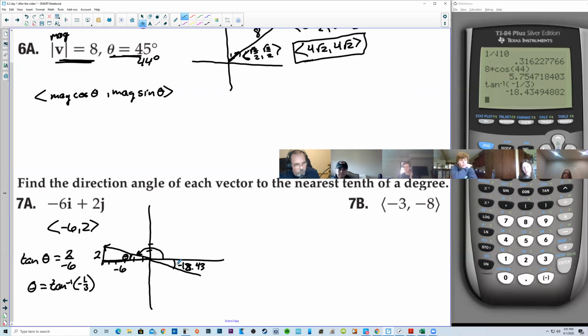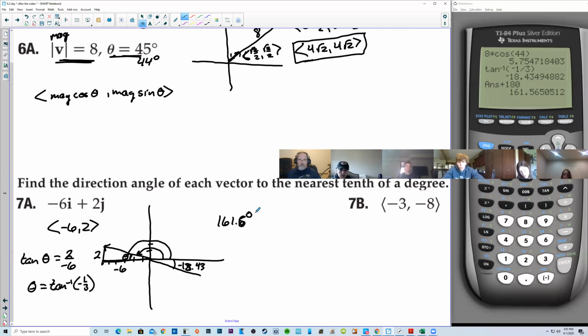So it thinks that it's over there. The principal quadrant is not quadrant 2. It's 1 and 4 for tangent. So we have to add 180 to this. So the angle that we're looking for is this obtuse angle, which is 161.5, to the tenth of a degree rounded, 161.6. There we go.